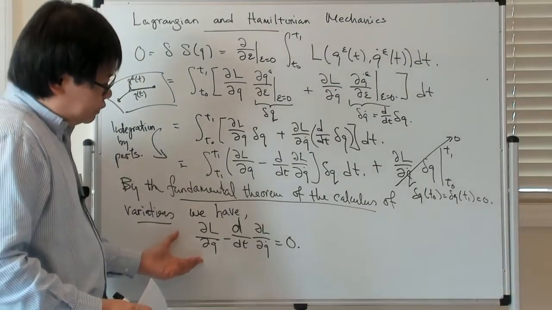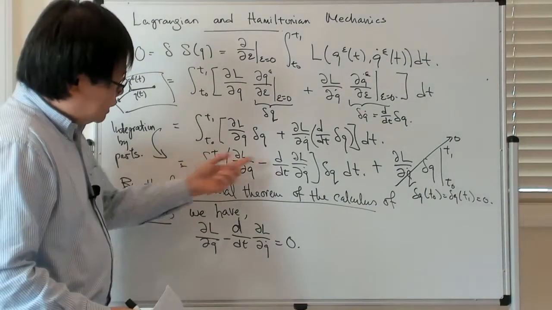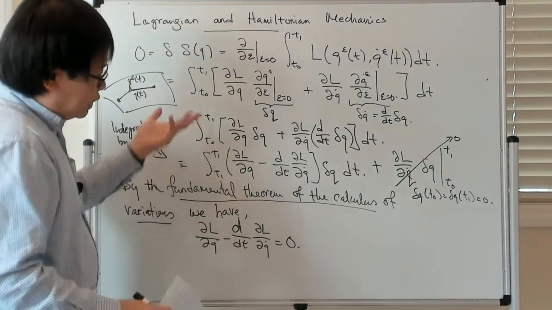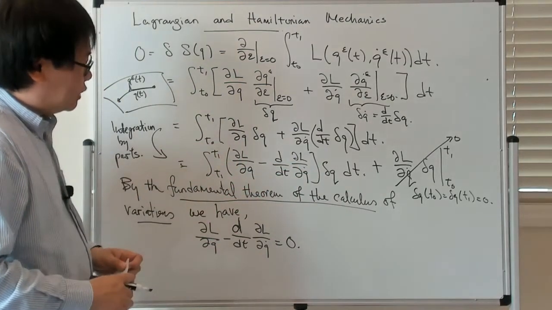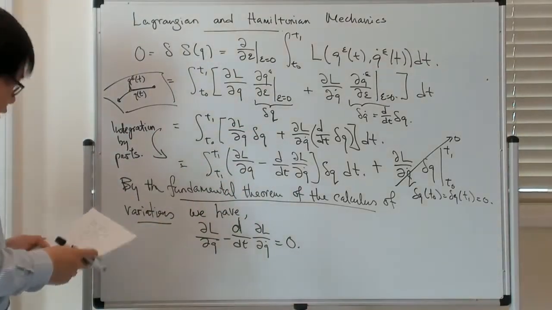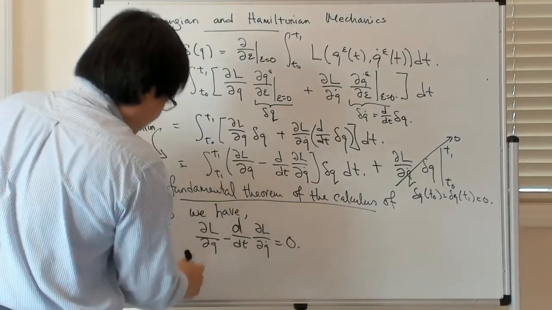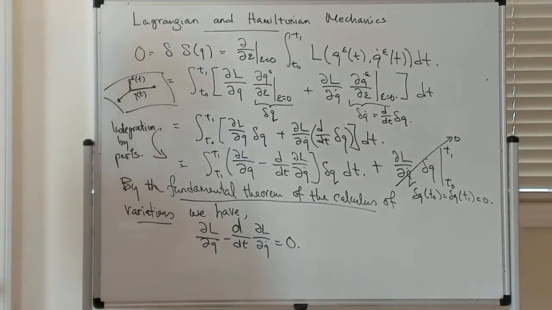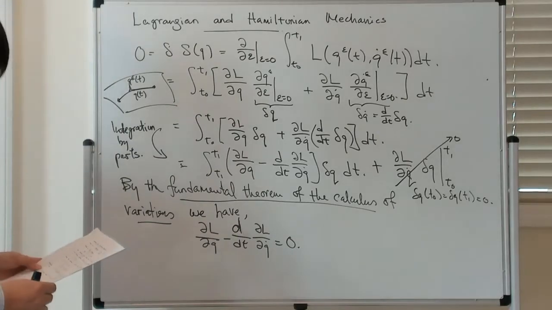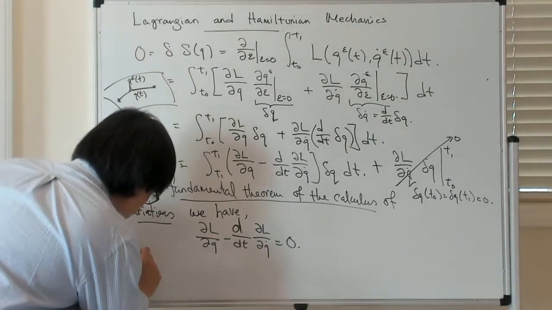If this is 0 pointwise, then clearly this integral vanishes as well. So again, the point of the fundamental theorem of the calculus of variations is that these two things are equivalent. So these equations, dL/dq minus d/dt of dL/dq dot is equal to 0, are what is called the Euler-Lagrange equations.